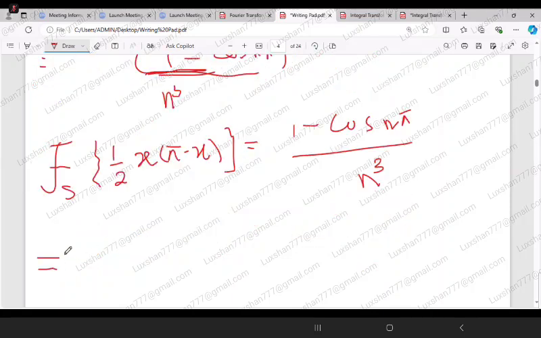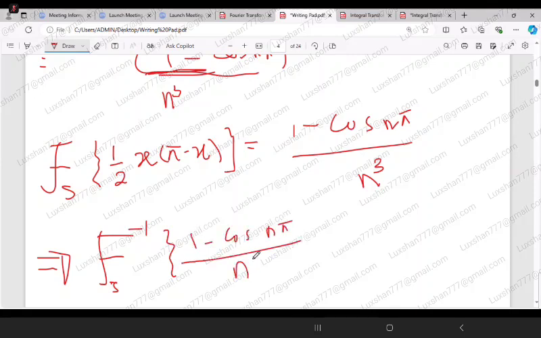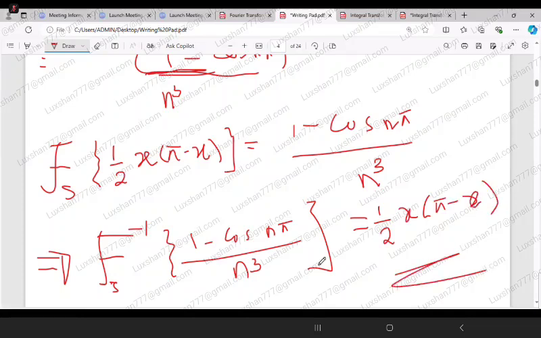So from this one, I can say that the finite Fourier inverse of this one, 1 minus cos n pi over n cube, is equal to half times x into pi minus x. So this is how we can do that one.